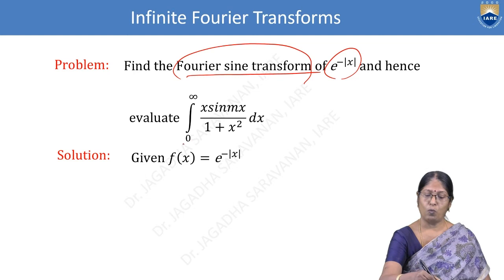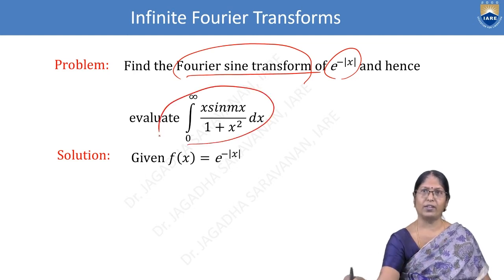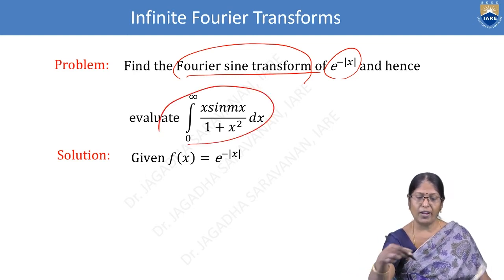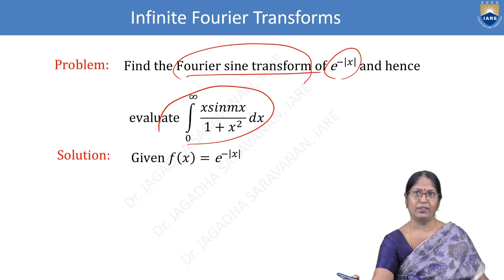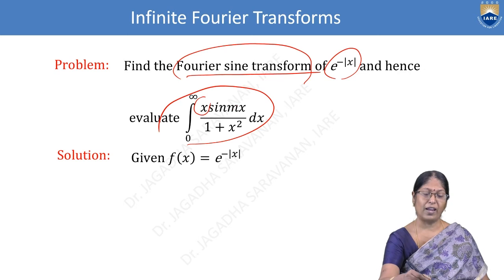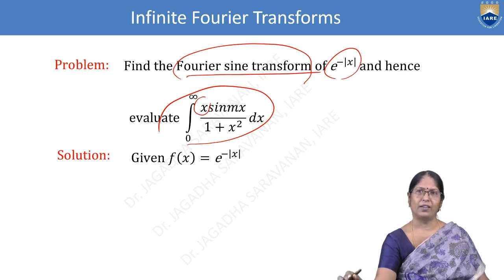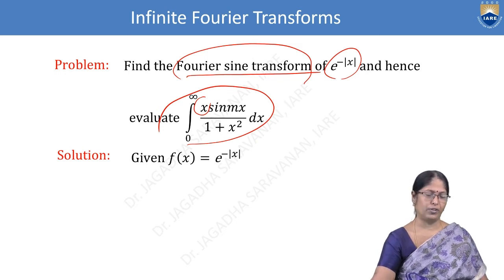But they are also telling us to evaluate this integral. Sine is there, x is there, sine mx is there. It is not relevant to what we have discussed so far. So how to solve this problem, we will do it now.